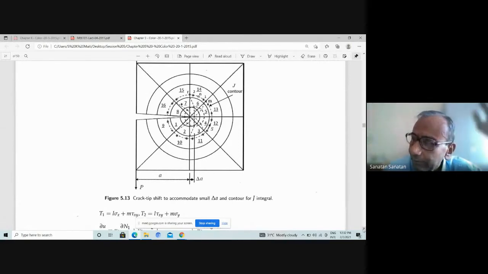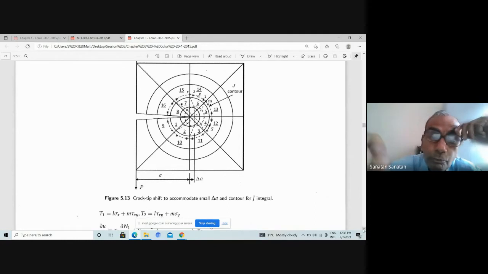The element is generally represented by its Gauss points, where the stresses and strains are more accurate after the computation. Therefore, we consider the contour passing through the Gauss points, which are shown by stars.